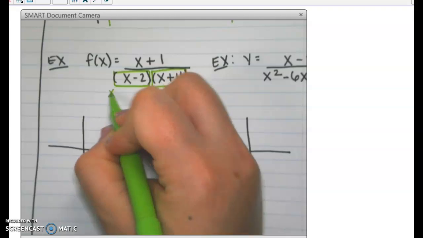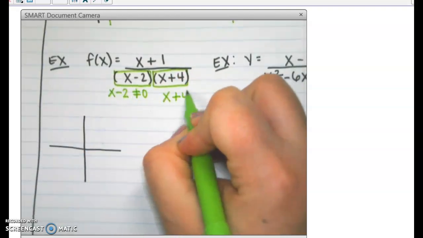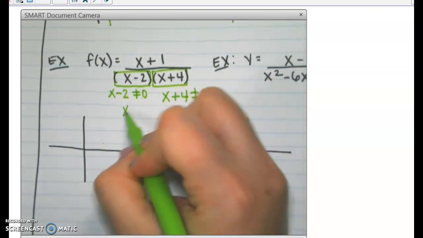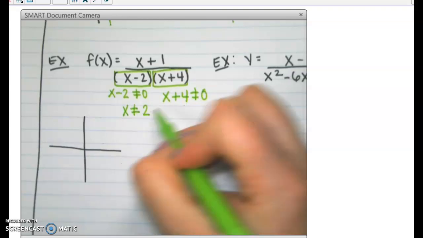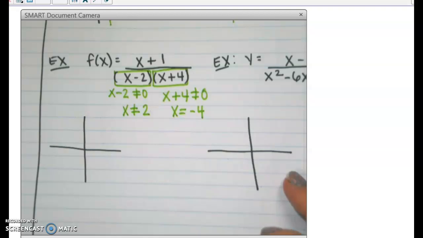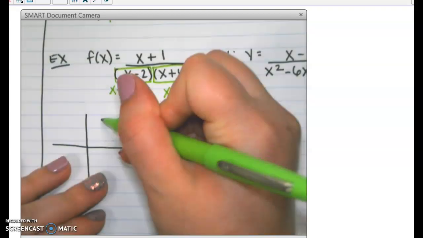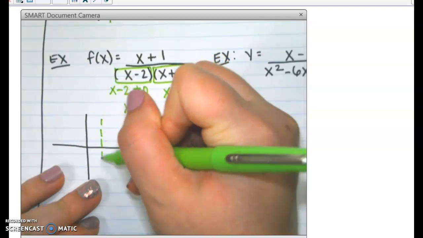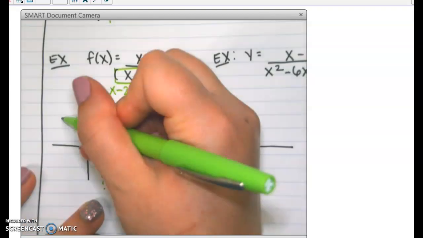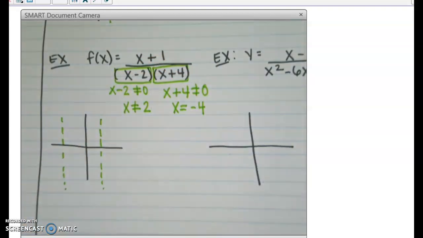So x minus 2 cannot equal 0, and x plus 4 cannot equal 0 as well. On one side we have x cannot equal 2, and on the other side we have x cannot equal negative 4. So I'm going to graph it, but I am expecting there to be a vertical asymptote when x is 2 and a vertical asymptote when x is negative 4. Let's see if we're right.